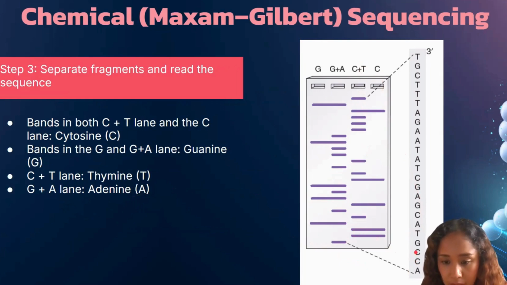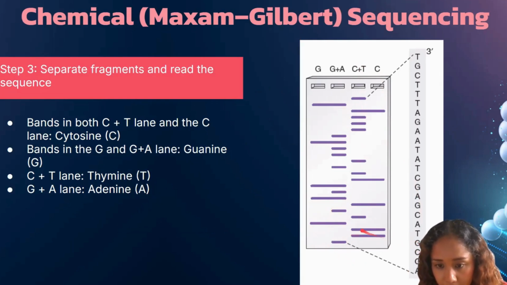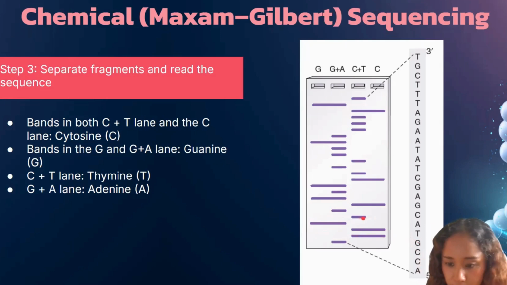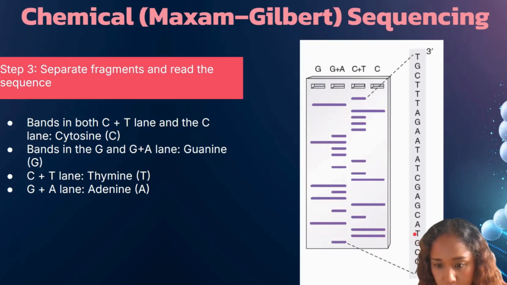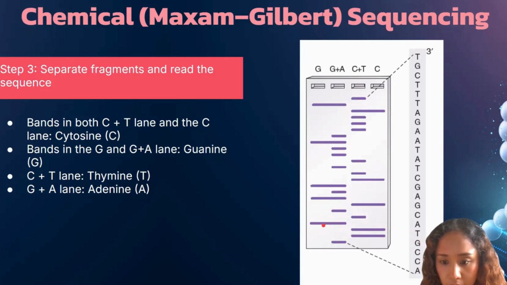Next, C as well. Since this is found in both G plus A lane and G lane, this is G. This is thymine. This is thymine. Nasaan na yung thymine? This one is guanine.